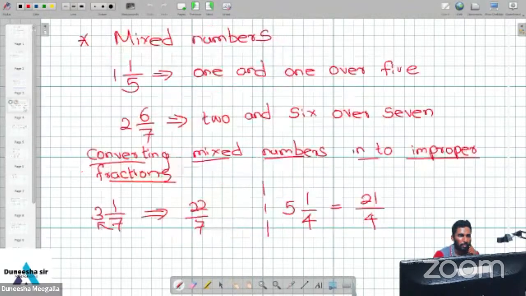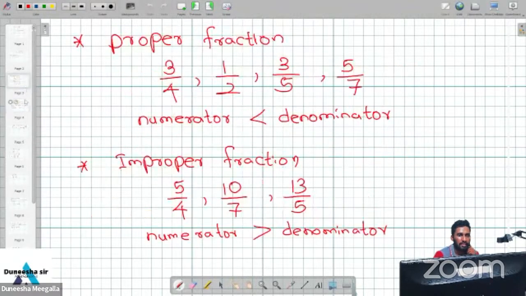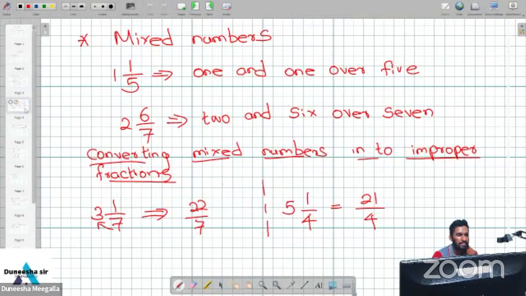Proper fractions and improper fractions we learned in grade 8. Can you remember the mixed number? What is a mixed number? How do we read it? 1 and 1/5. Then the second one, 2 and 6/7.